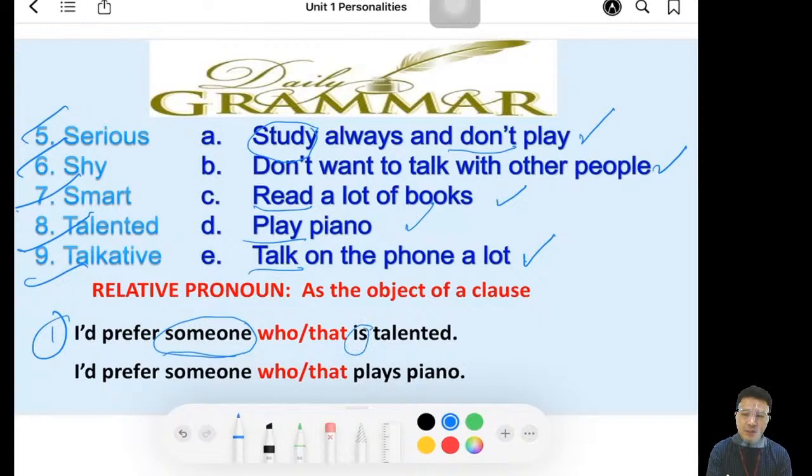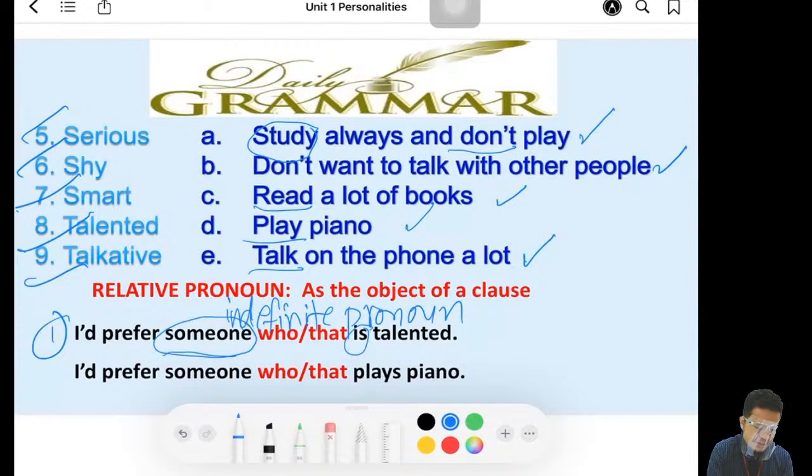Why is it that we use is, not are, not has? Take note, someone is an indefinite pronoun. All indefinite pronouns such as somebody, anyone, anybody, someone, these are always followed by a singular verb, which is, not are.